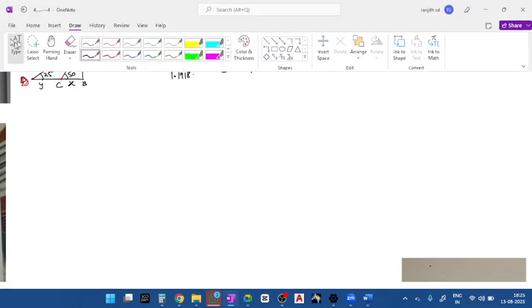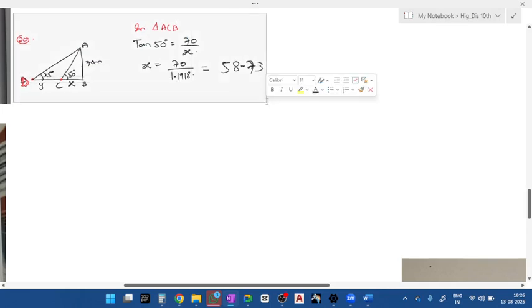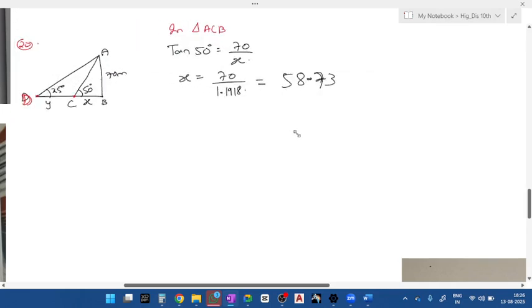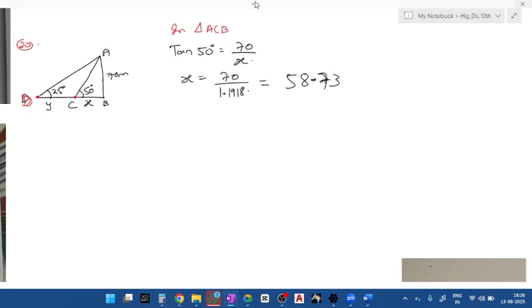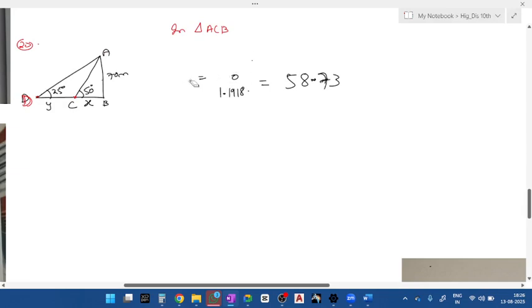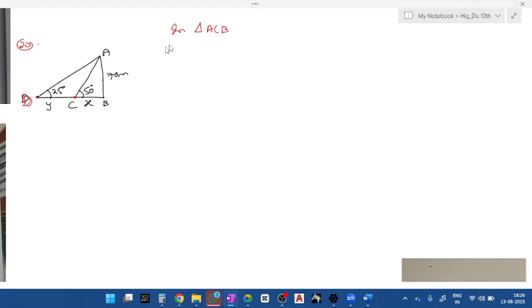Okay. So here, which trigonometry formula have we used? Tan 50, right? We have used tan 50. Instead of tan 50, let us use cot, students. Tell me the formula for cot. Cot 50 is equal to what?